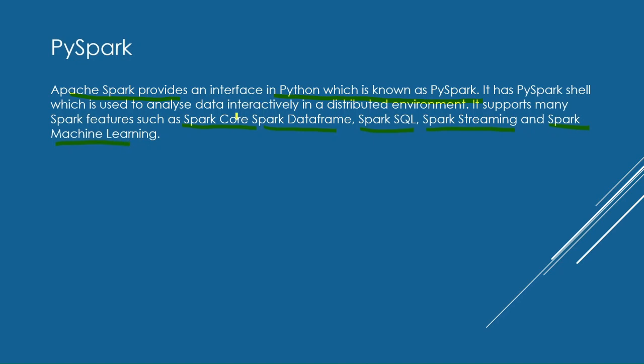So we are going to see all the components which are available in Spark. We will do an overview only. I am not going into a detailed discussion of each and every component. And this is very important: PySpark is an interface which is written in Python to communicate to Spark.